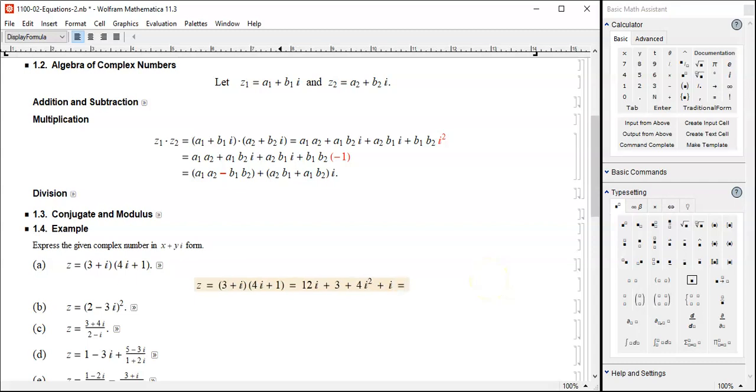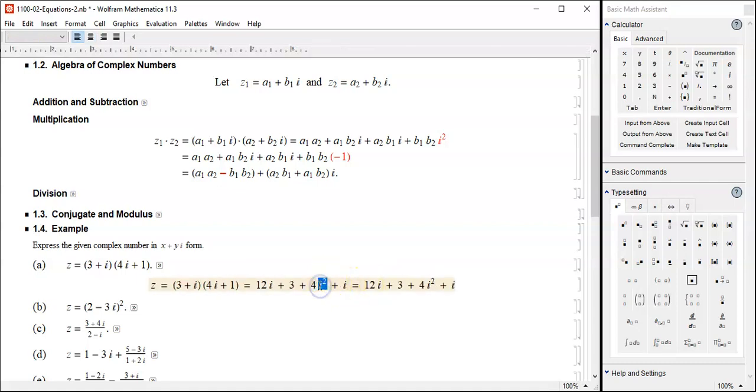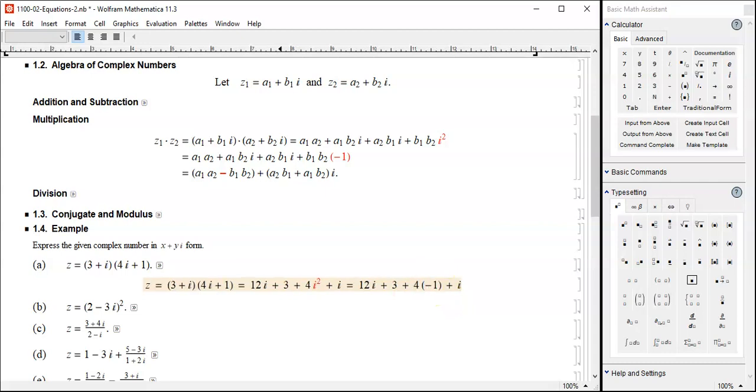Okay, we did the FOILing, and we have to take the like terms together, but before that, don't forget this i squared becoming -1, so times -1. So in the end, what does it do? It changes the sign.